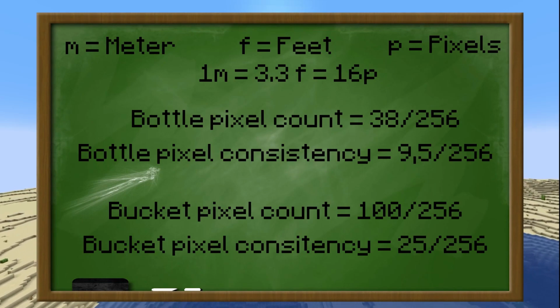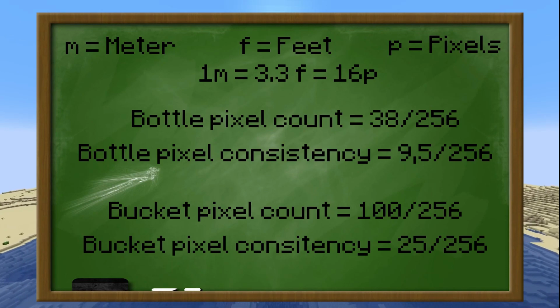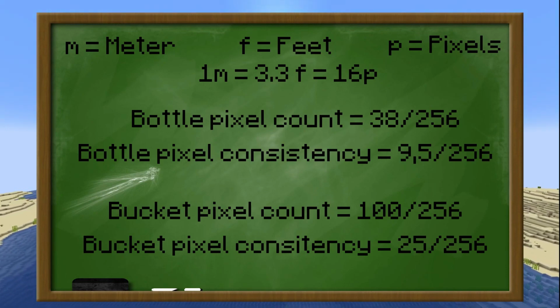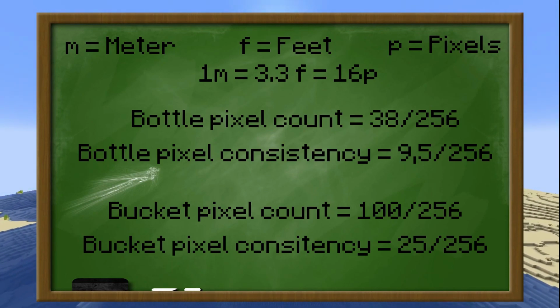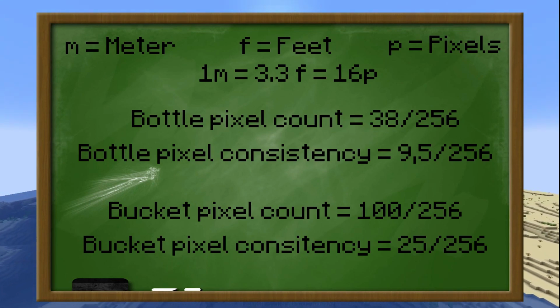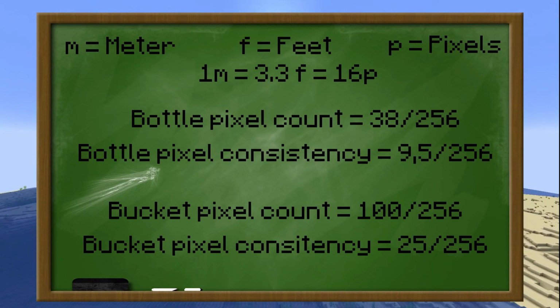If you disagree and think it should be a full block, which is 4096, that's fine. I don't really think it is.